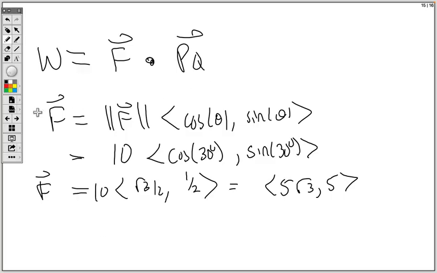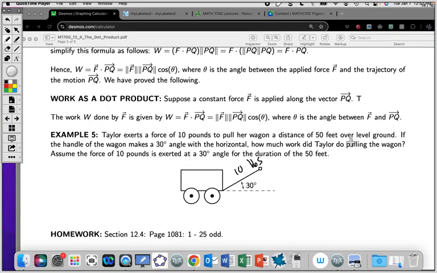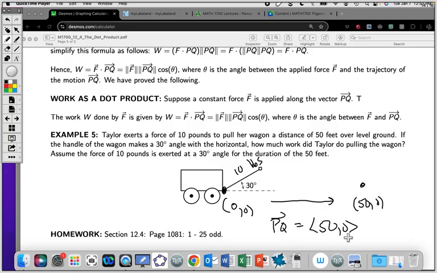Now as far as PQ, it goes 50 feet. So I can just start this at 0, 0, and then if I go 50 feet, I can take PQ to be the vector 50, 0, because we're going across level ground.